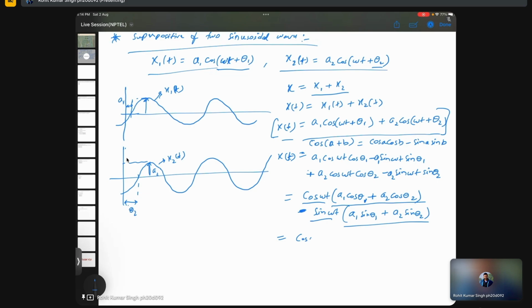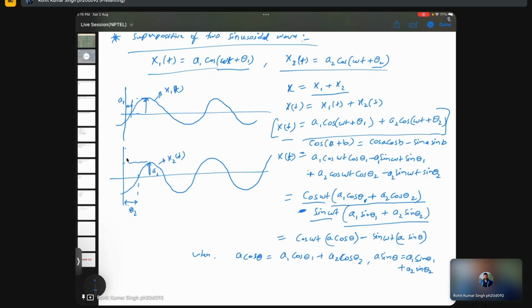And if you substitute in these instead of this bracket, let's say you substitute a cos theta minus sin omega t is there, and you substitute a sin theta, where a cos theta is nothing but a1 cos theta 1 plus a2 cos theta 2, and a sin theta is a1 sin theta 1 plus a2 sin theta 2.